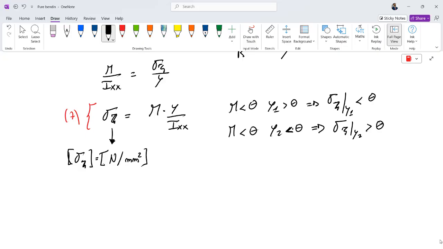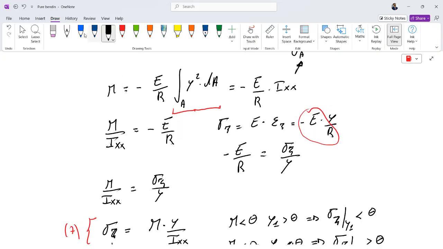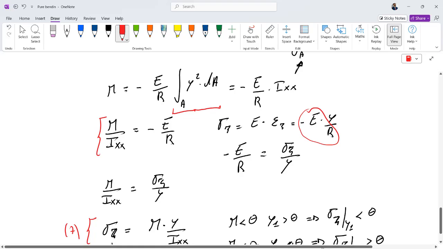If we see this equation, we can note that the moment divided by E times Axx is equal to minus 1 over r.